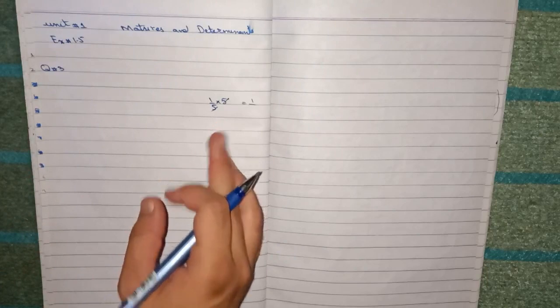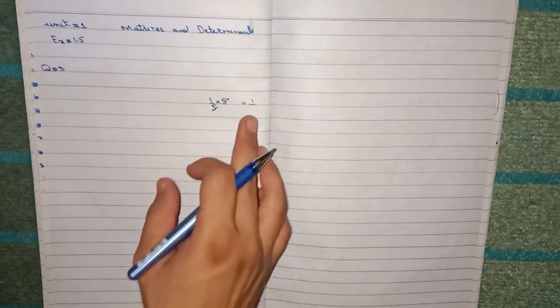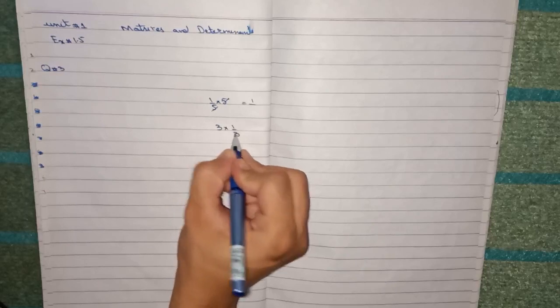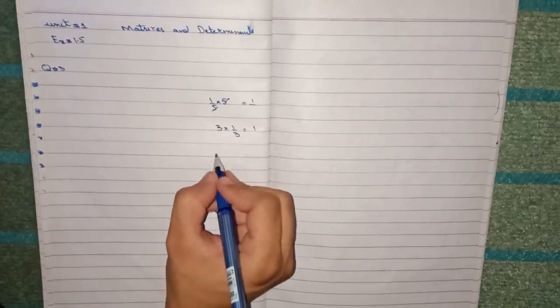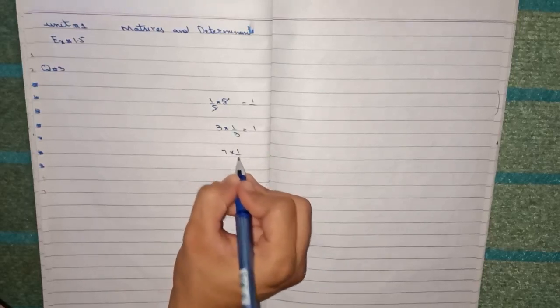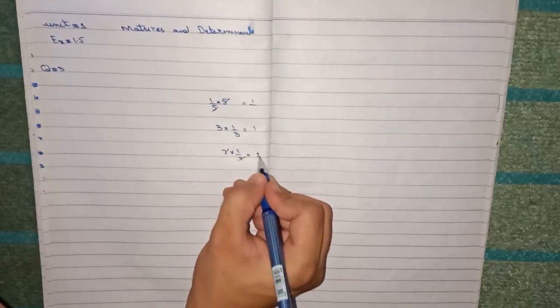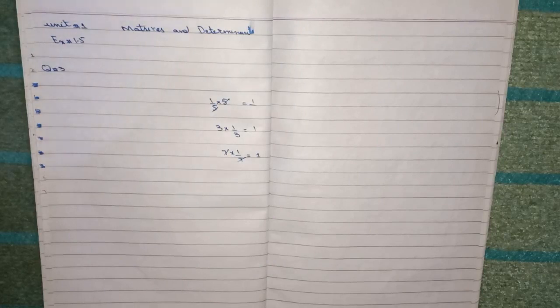So the multiplicative inverse of a real number is the reciprocal of that number. Similarly, 3 has multiplicative inverse 1 by 3, and 7 has 1 by 7. The 7s cancel, and it is 1.